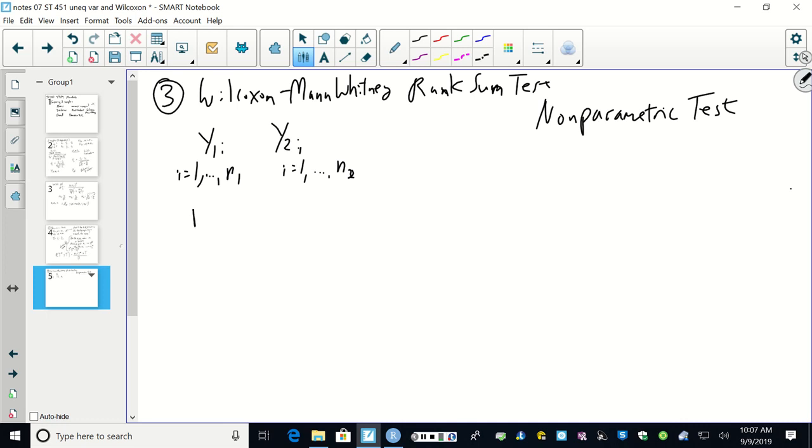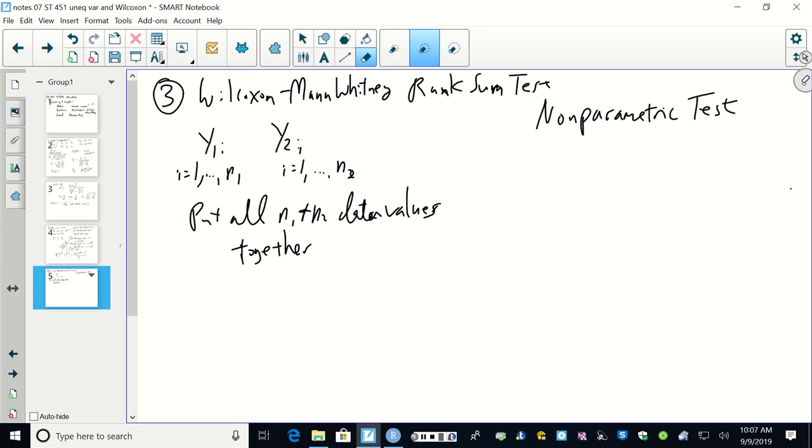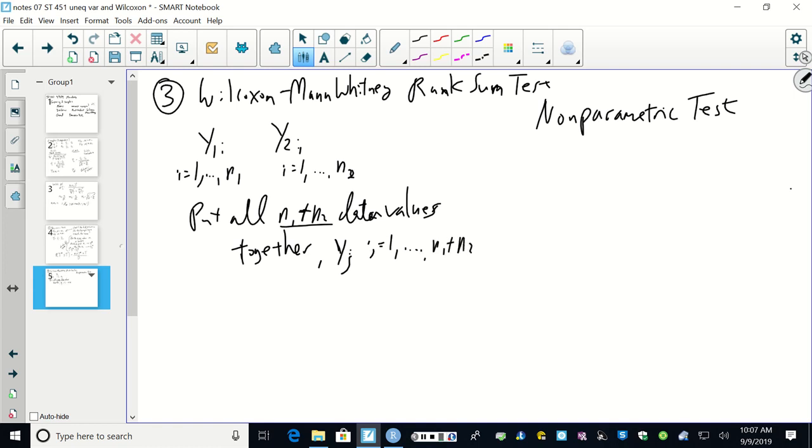So put all N1 plus N2 data values together, and let's just call them yj, j going from 1 to N1 plus N2, so that's all of them. Instead of dealing with the data values themselves, we're going to compute ranks.